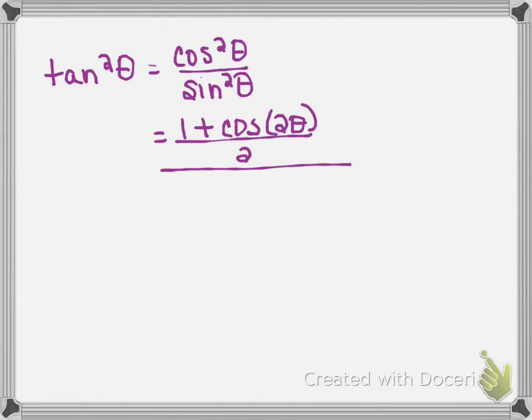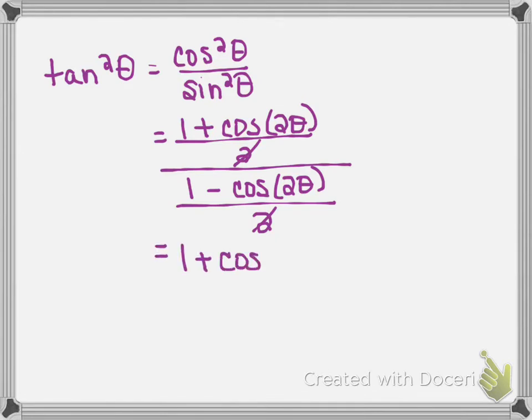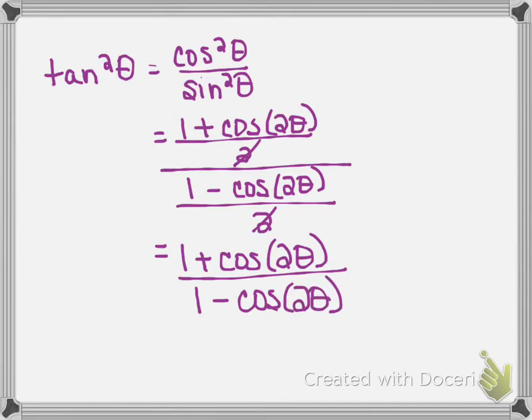And we said that the sine squared was 1 minus cosine of 2 theta over 2. The 2's will reduce. And so I've got 1 plus cosine of 2 theta over 1 minus cosine of 2 theta, and that was equal to the tangent squared of theta.